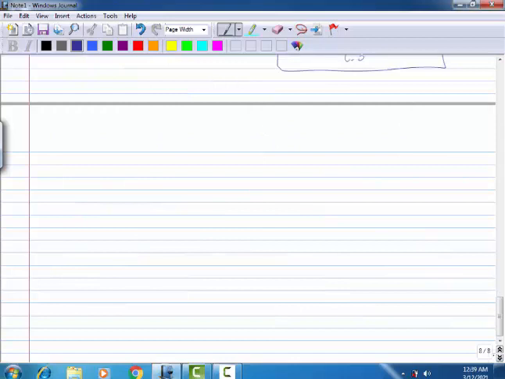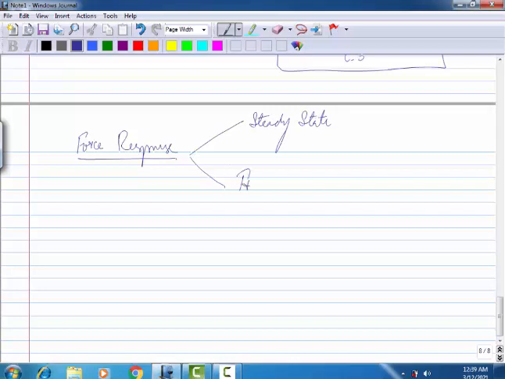Now before looking at the force response, the force response is also divided into two parts. One response is due to the steady state. The second is the transient response.